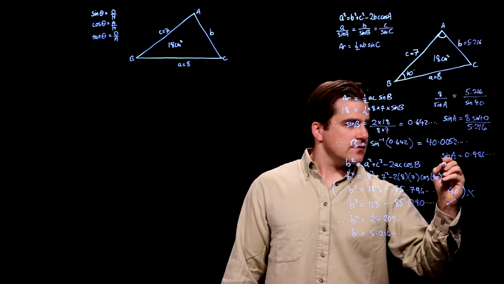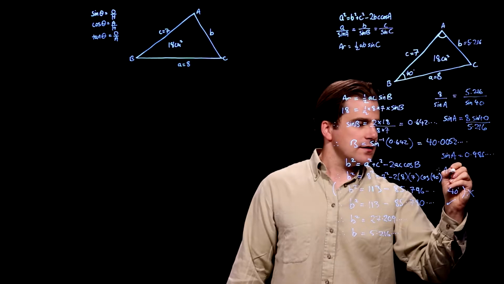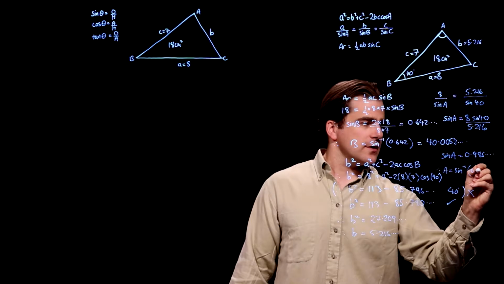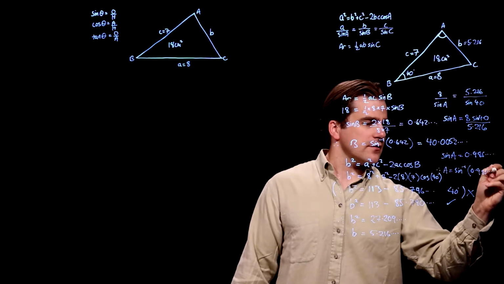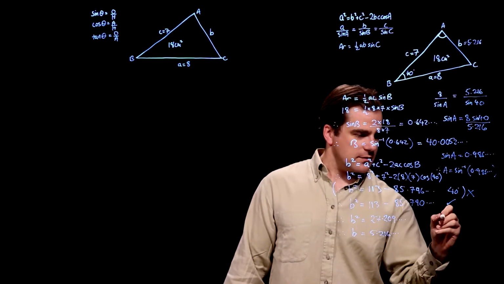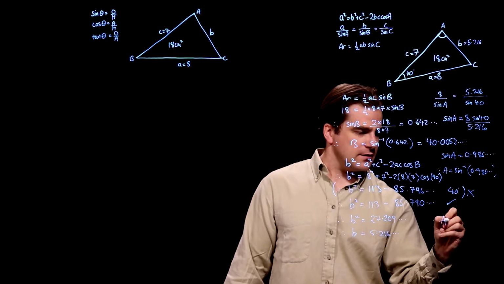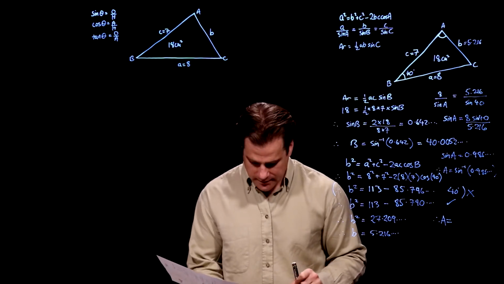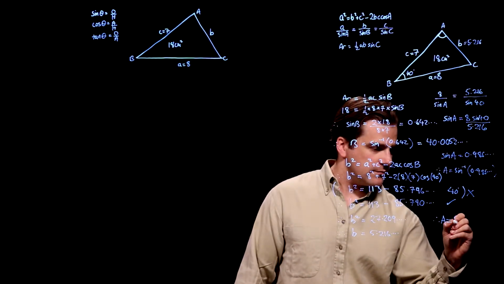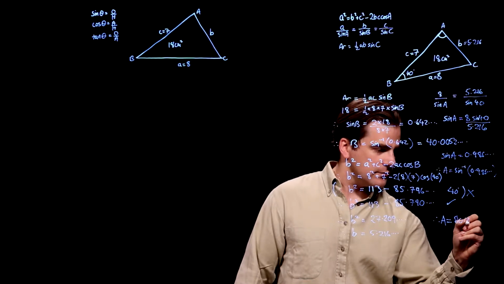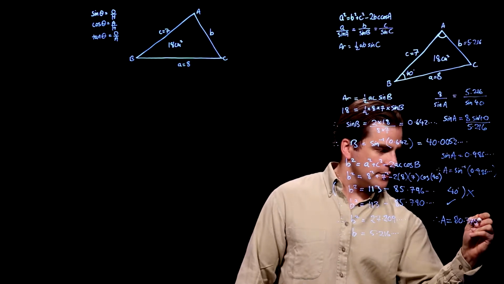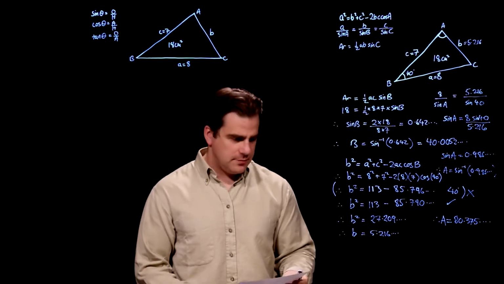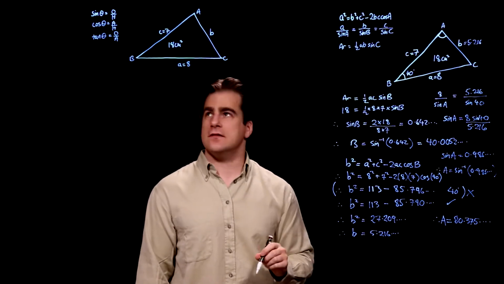So therefore A is sine to the minus 1 of 0.985 something. Therefore, angle A turns out to be 80.375 something. And we have to give this to 1 decimal place, I think, or 3 significant figures.